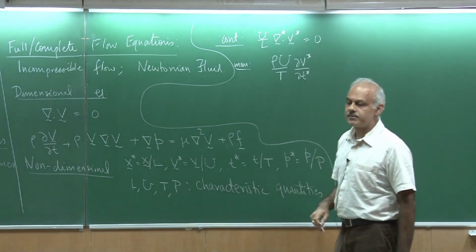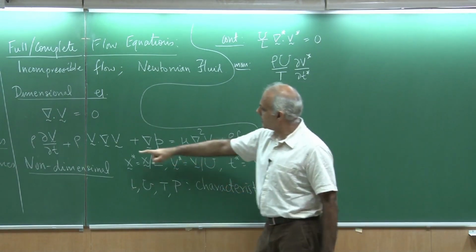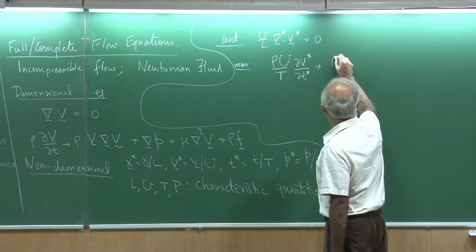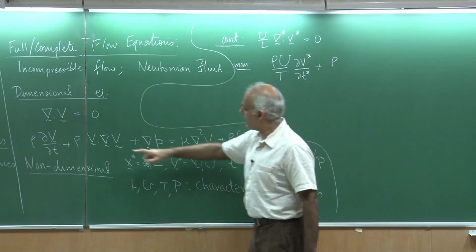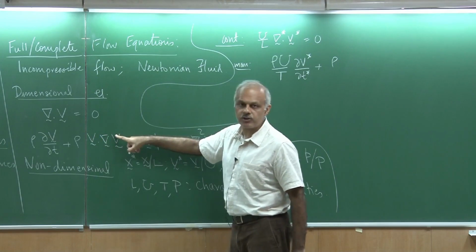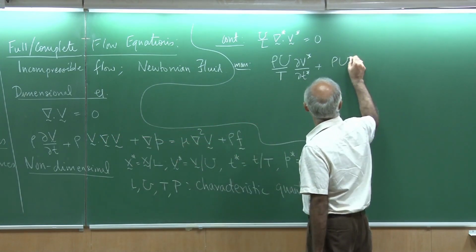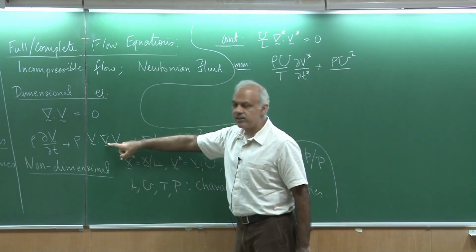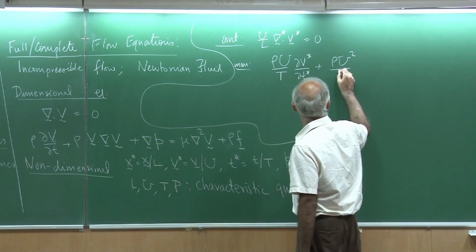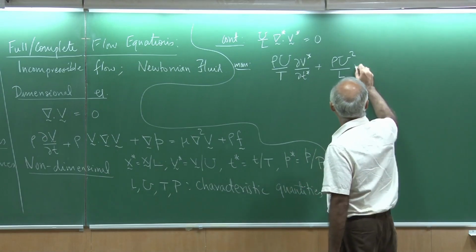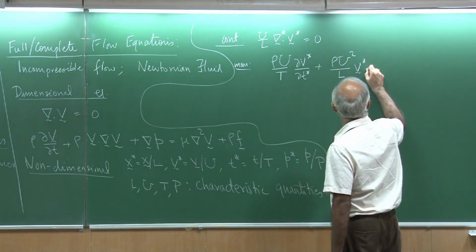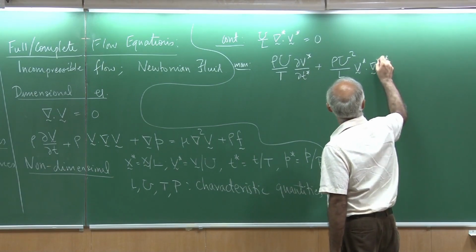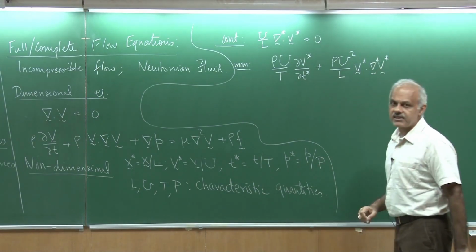So that's the first term. The next term here is the convective term, and this would be plus rho. So I get a U from this and a U from this, so I get a U square. And then from the gradient operator, I get a 1 over L, so I put a L here, and then this term would be V star dot gradient of V star, but this is the non-dimensional gradient operator.